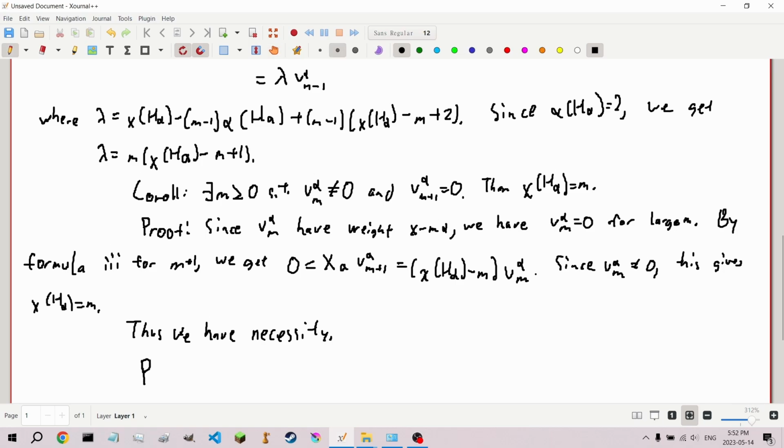Now, proof of, as above, in this case it is sufficiency. Let each pi_i be the sum of lambda_j from j equals 1 to i.